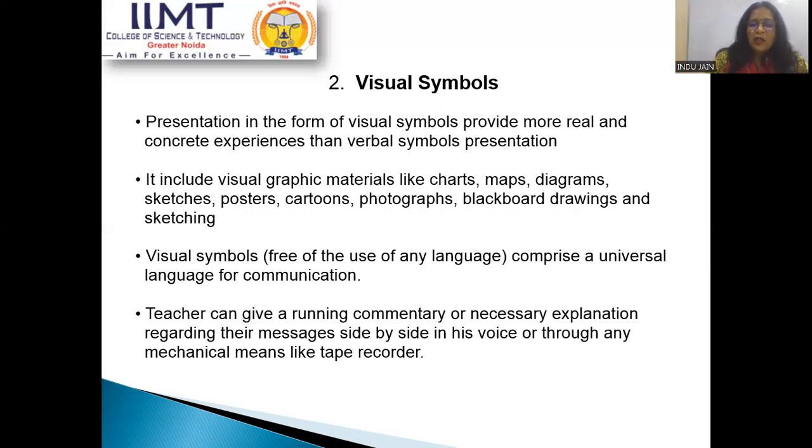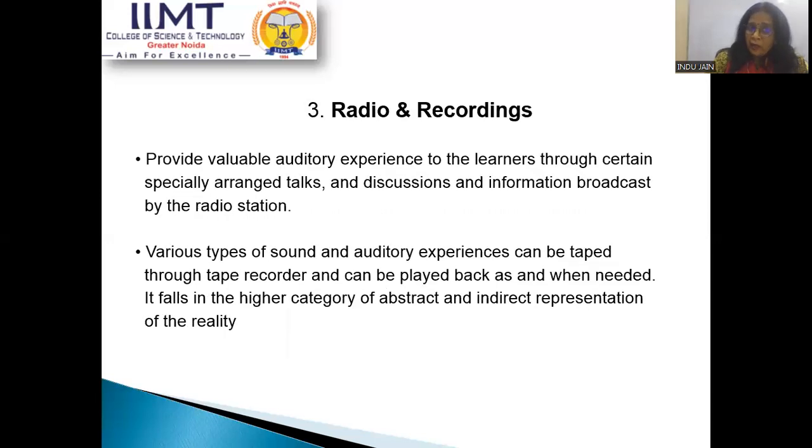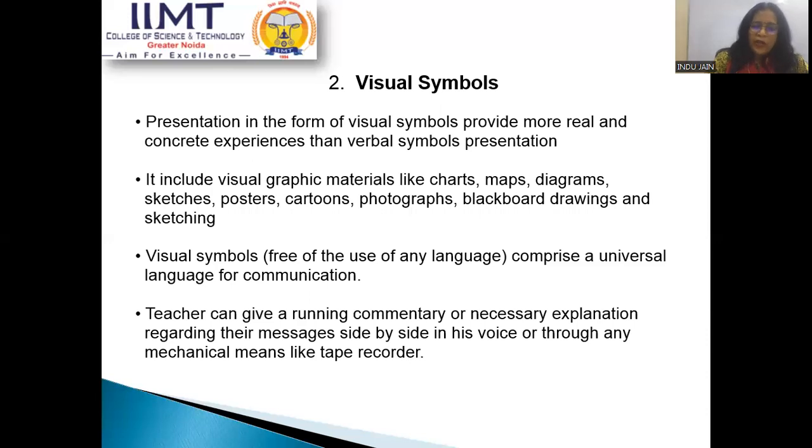As we can see, certain pictures in the very small kids, by seeing those pictures, the kids learn very effectively as they cannot read or write. So visual symbols are again a very important tool to provide learning experiences.